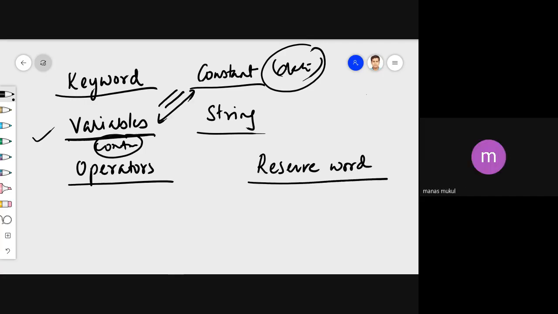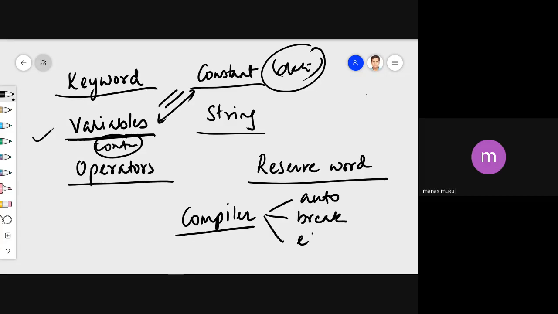Reserve word means when you talk about a compiler, the compiler has taken some words. For example, auto, break, else. There are more than 30. This also depends on which compiler you're using. Different compilers have different numbers of keywords.